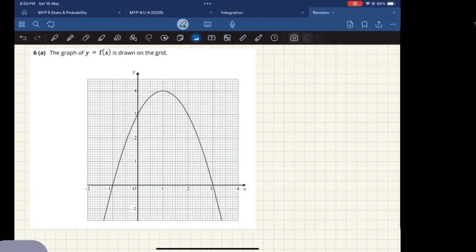This graph is drawn on the grid, right? Now, after looking at this graph, what you are supposed to do is, first thing, write down the coordinates of the turning point.